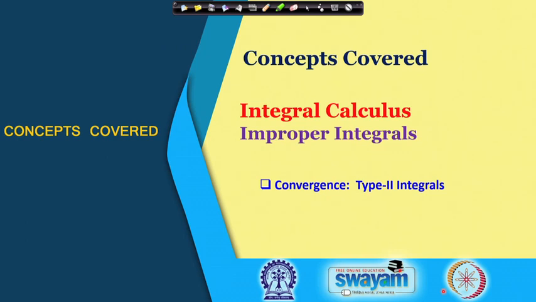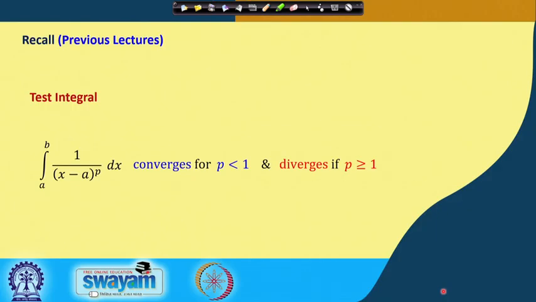So, in particular we will discuss today the convergence of improper integrals of type 2. In the last lecture we have seen this test integral, which was the integral from a to b of 1 over (x minus a) to the power p.